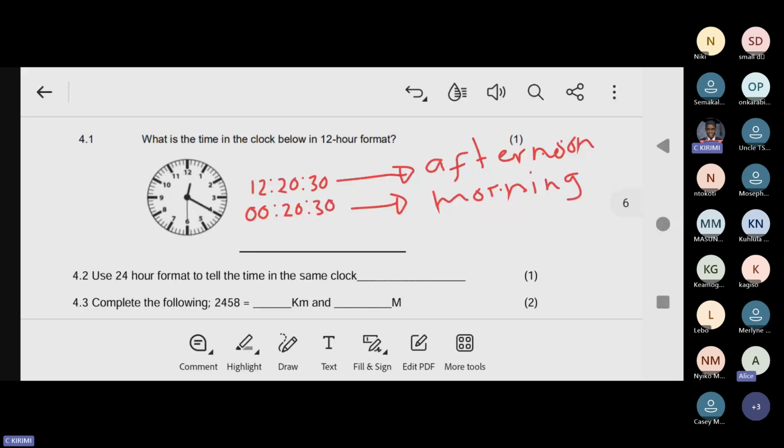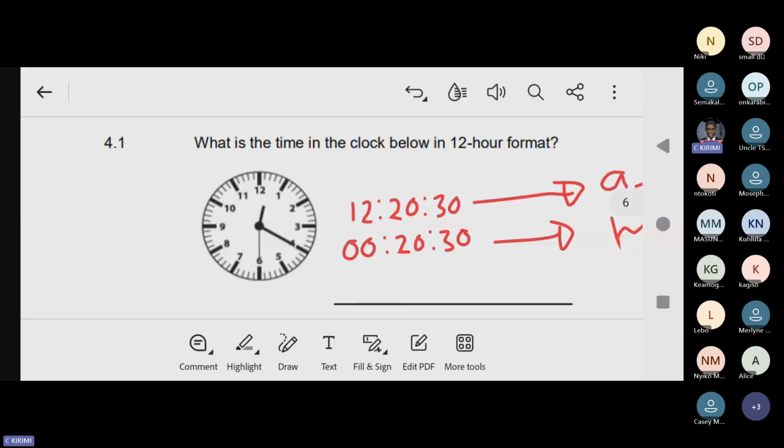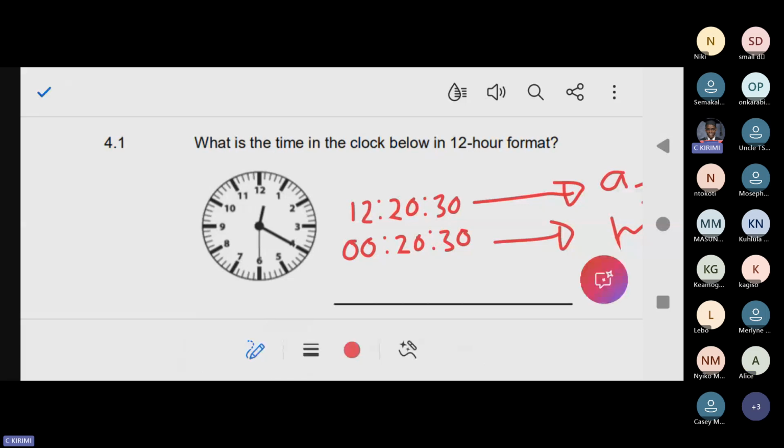For 4.1, they want it in 12-hour format, which means the clock we wrote will be AM. So you write it as 12 colon 20 colon 30 AM. You made a mistake with the 30, which is 12, 20, then 30.